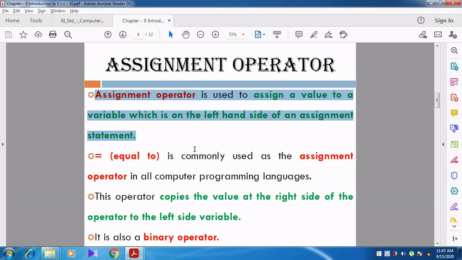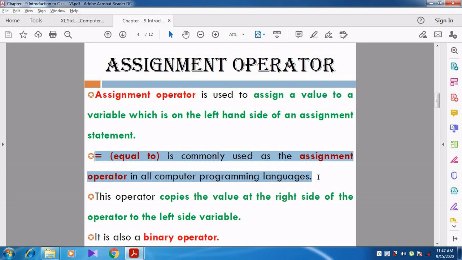The value is on the right hand side of the assignment operator, and that is going to be assigned to the variable. The variable is located on the left hand side of the assignment operator. So simply, the right hand side value is assigned to the left hand side variable.